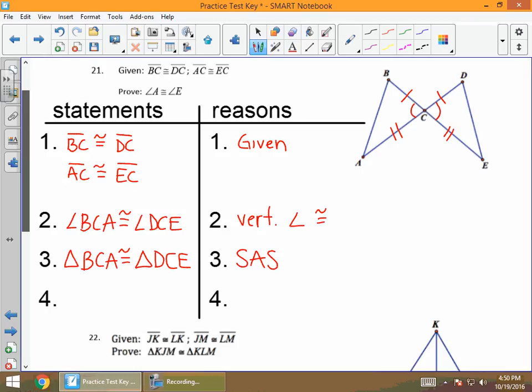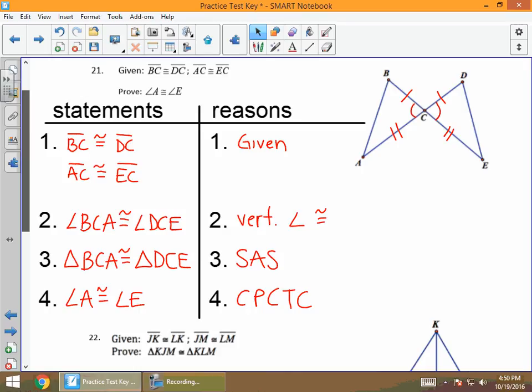And once I get my triangles congruent, then all of the other parts fall in place. So now angle A is in fact congruent to angle E by CPCTC. Corresponding parts of congruent triangles are congruent. And there's the proof for number 21, just 4 steps.